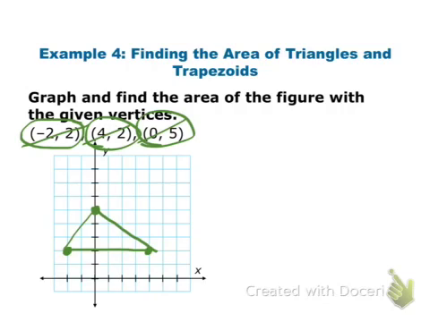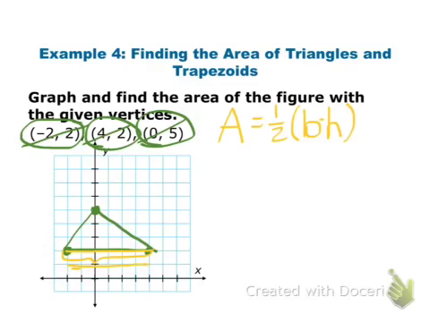So we need to review though, remember that our formula for a triangle, area equals 1/2 of our base times our height. So in this example, to find our base, we need to count how far this is right here. So we've got 1, 2, 3, 4, 5, 6.